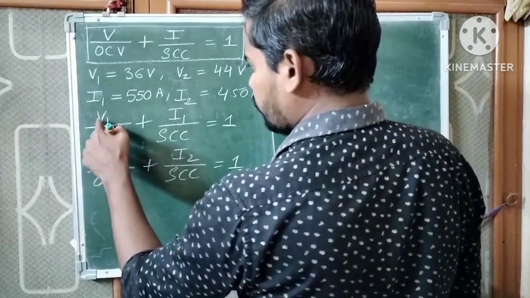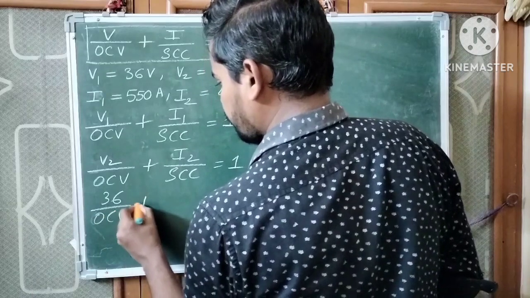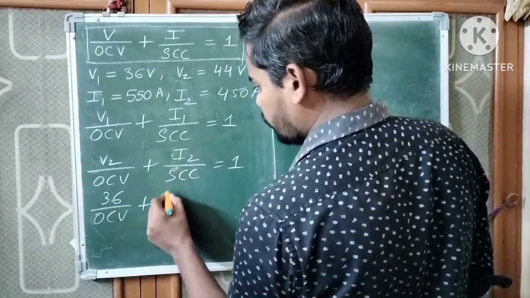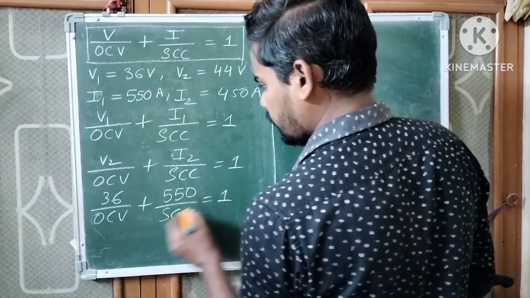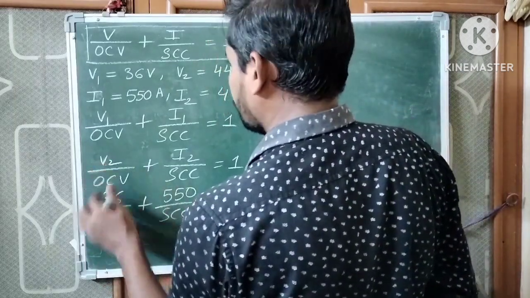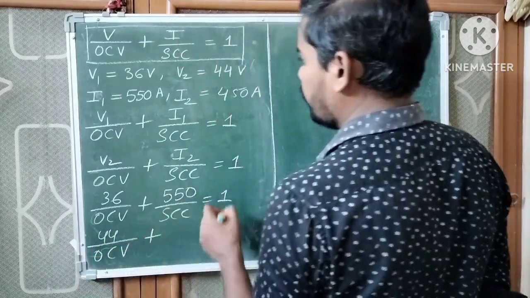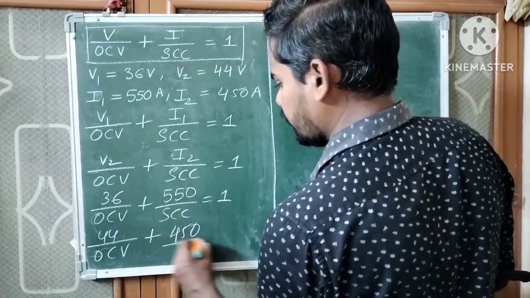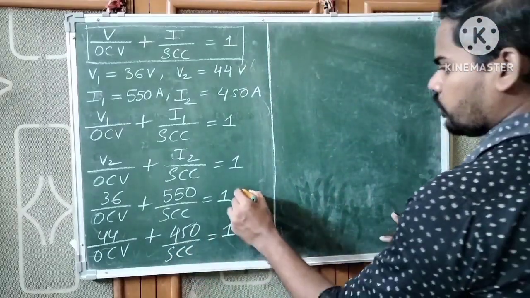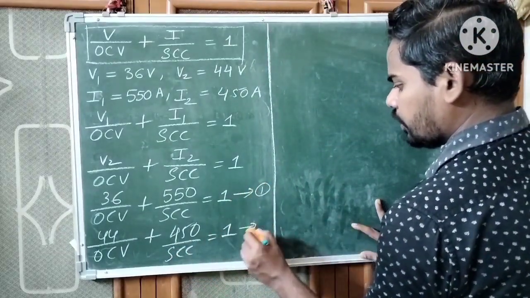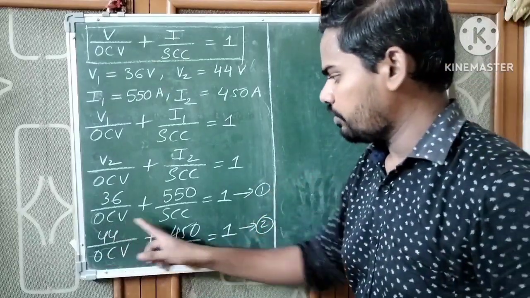By plugging all the values, V1 is equal to 36, so 36 by OCV plus I1 is 550 by SCC is equal to 1. Similarly, V2 is equal to 44 by OCV plus I2 is equal to 450 by SCC is equal to 1. Let it be equation number 1 and equation number 2. By solving equation 1 and equation 2, we can find OCV and SCC.